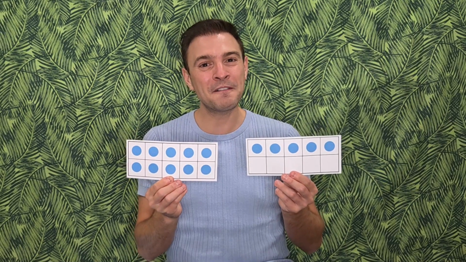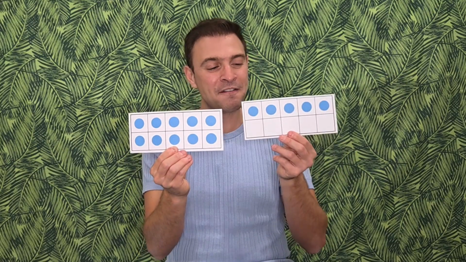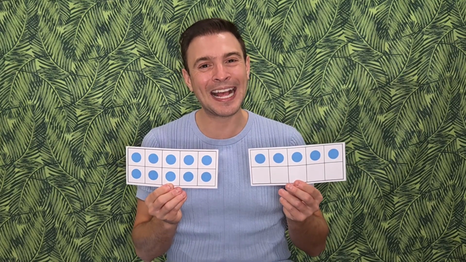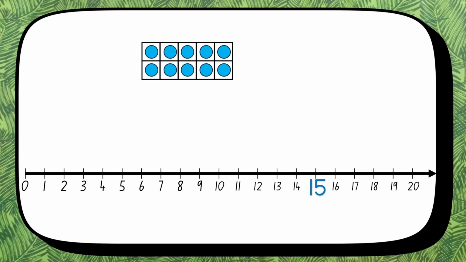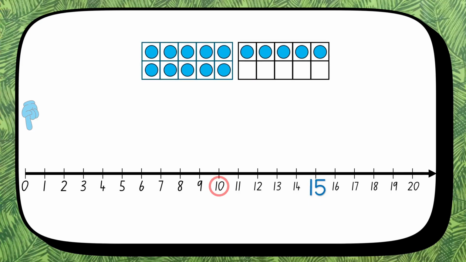Well, now that we know that 15 is made up of 10 and 5, let's have another look at the number line. Let's use a faster way to reach 15 without counting by ones. We know that 15 is 10 and 5 more. So let's start with one big jump to 10.